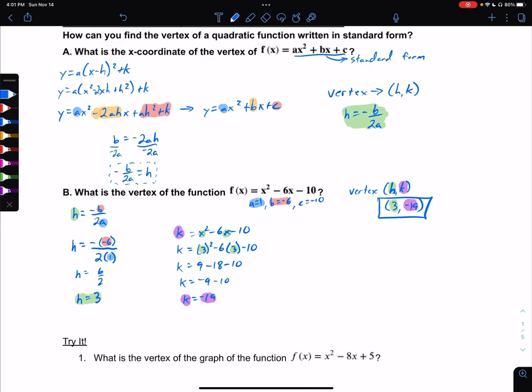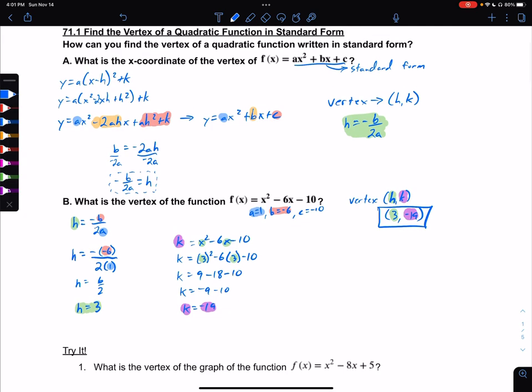When you simplify using that h value, whatever your answer comes out to be will be your k value, your y coordinate. So remember the formula, plug in a and b, solve for h, then plug in h, solve for k, and you will have your solution. Don't worry about part A. Don't stress yourself out. You only care about the formula.